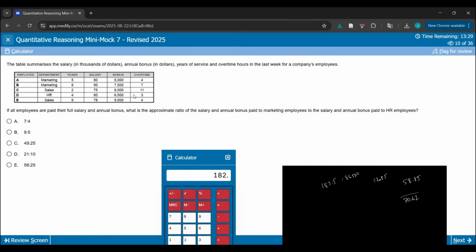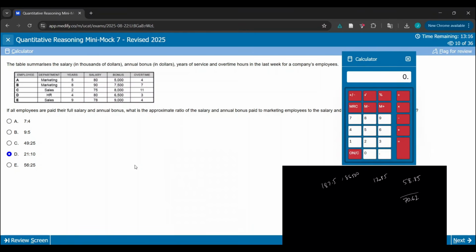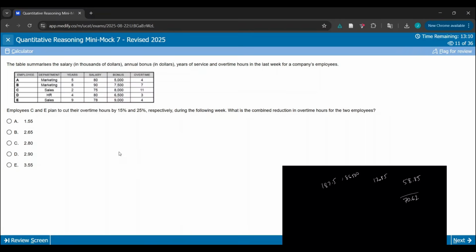So 182.5 divided by 86, 2.1. I think this one is the one that makes the most sense. What's 56 divided by 25? That's going to be smaller, I think. Yeah, 29 divided by. Yeah, none of the others really make that much sense.